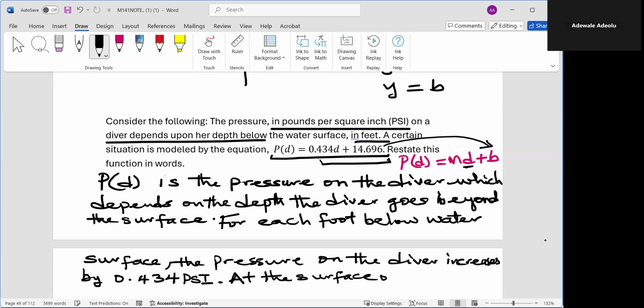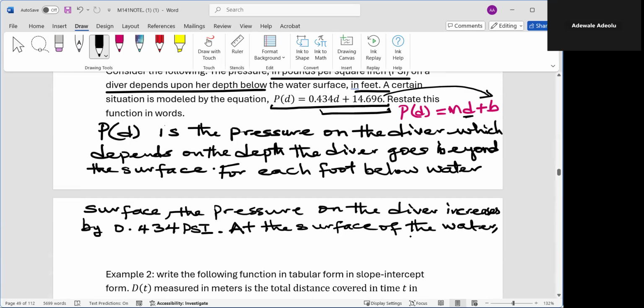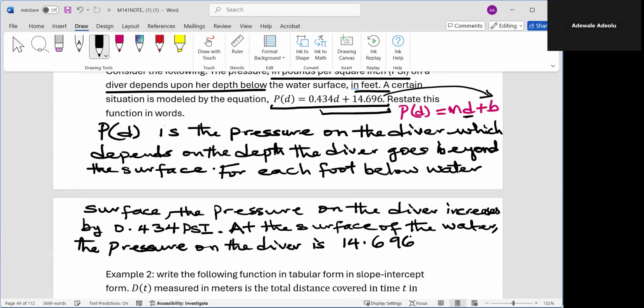So at the surface of the water, the pressure on the diver is 14.696 psi.